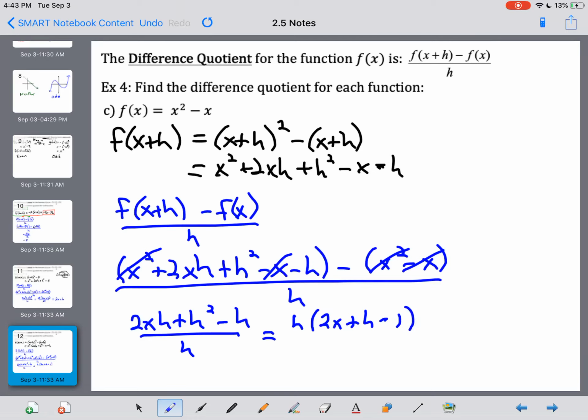If I take an h out of that last term, it doesn't just go away. Remember, that's the same as dividing everything by h if I factor an h out. So if I factor an h out of h, I'm left with a 1. And that's all over h. So now I can cancel out these h's, and I'm left with 2x plus h minus 1.